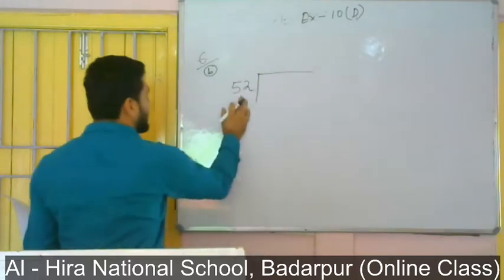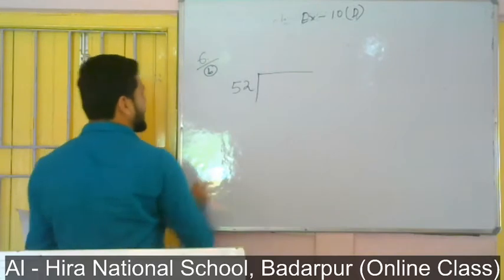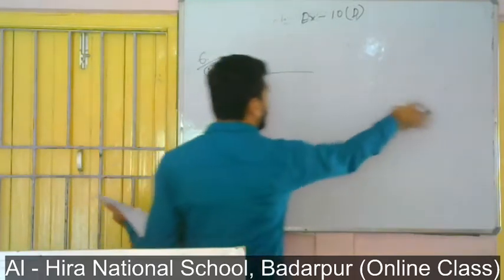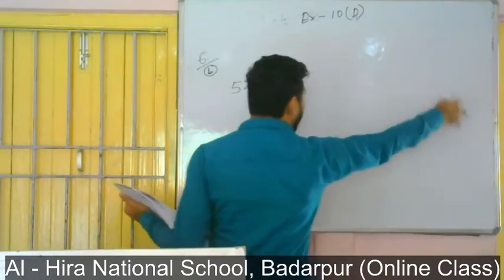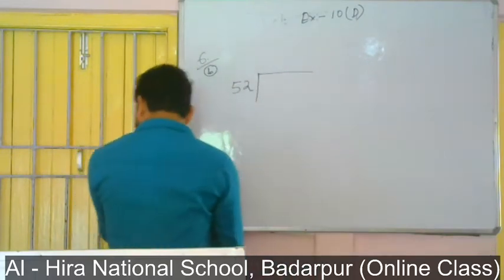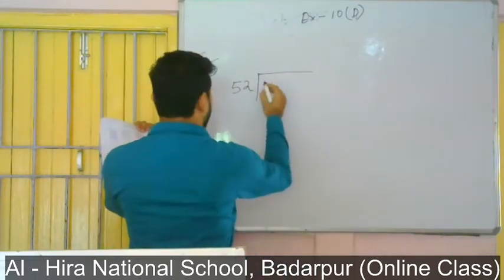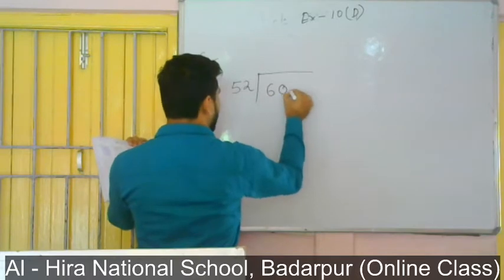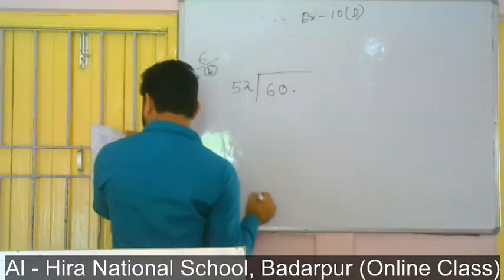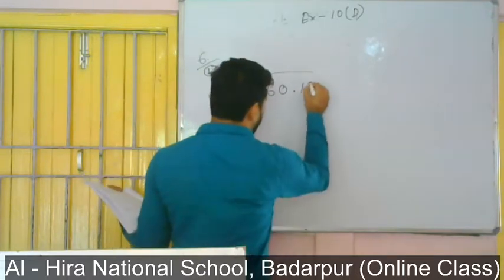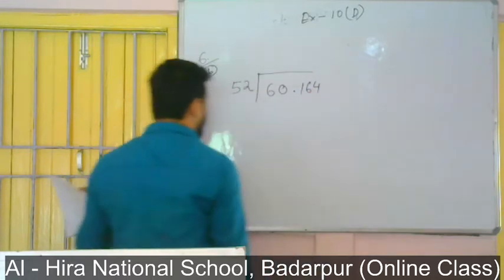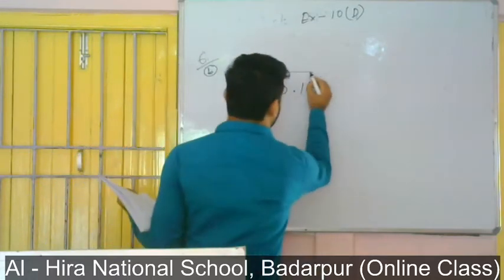We don't know the multiples of 52, or we don't know the table of 52. So for that reason we will multiply, then we will find the product. Okay. So see, 60.164. Okay. 60.164. Now we have to divide.